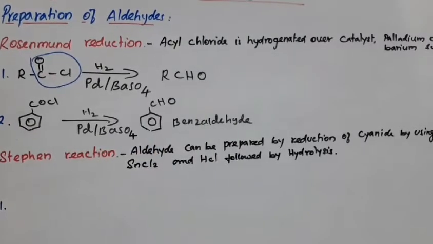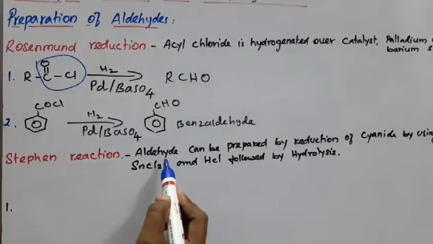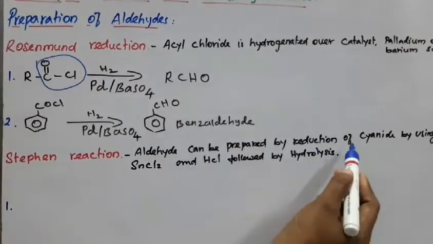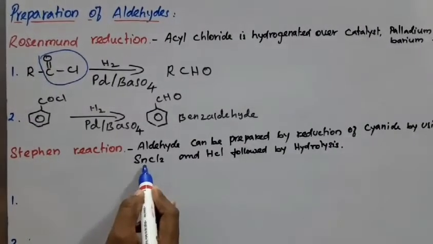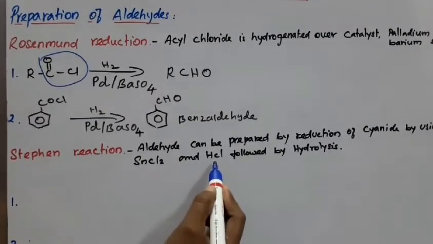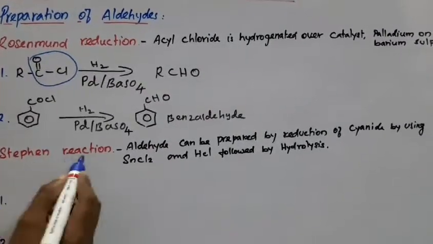Next is the Stephen reaction, another naming reaction. Aldehyde can be prepared by reduction of cyanide using SnCl2, tin chloride, and HCl, followed by hydrolysis. That is called the Stephen reaction.